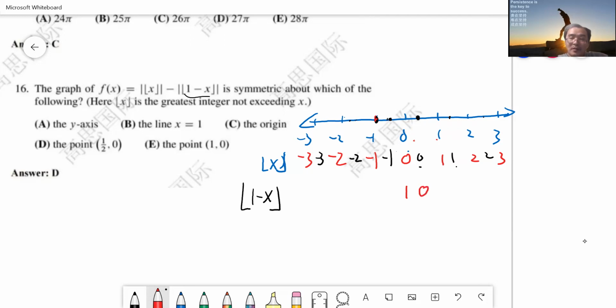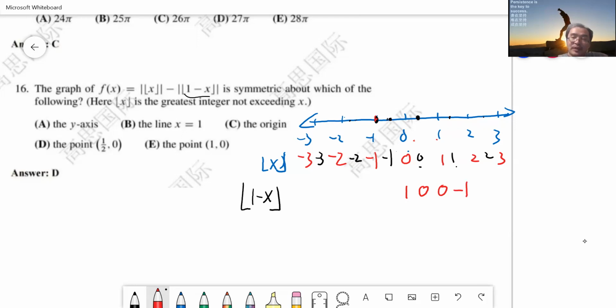So for 1, 1 minus 1 is 0, then flooring is still 0. Then we continue, we got 1.5, something like that. 1 minus 1.5 is negative 0.5. You do the flooring, which gives you negative 1, right?